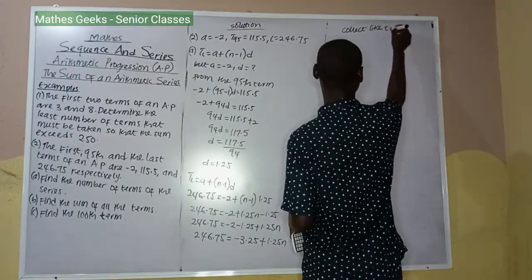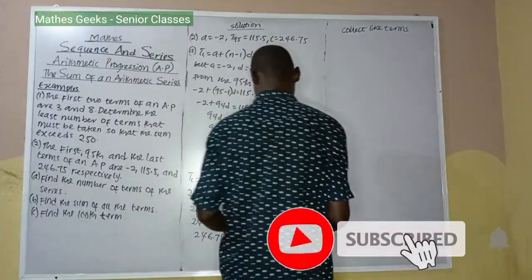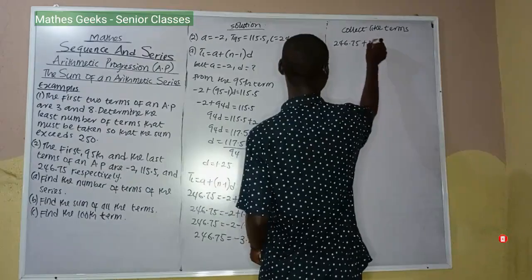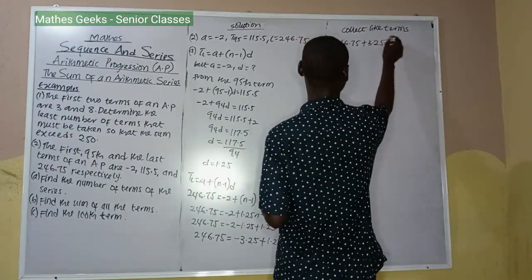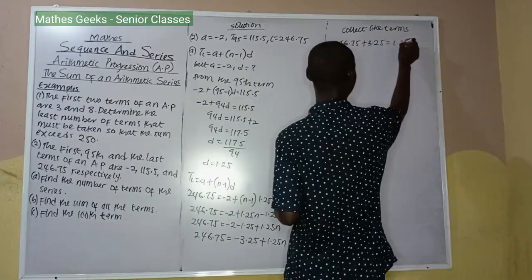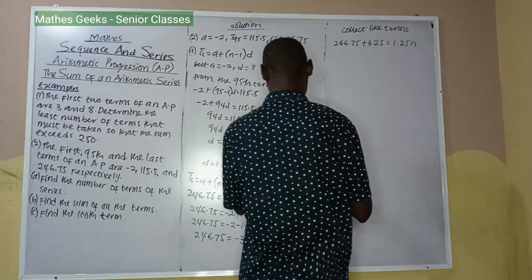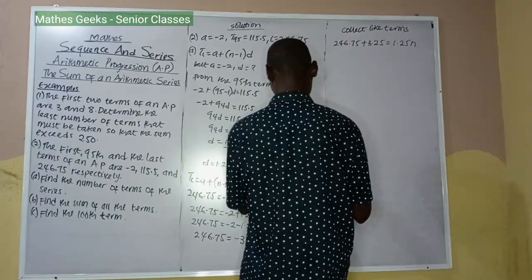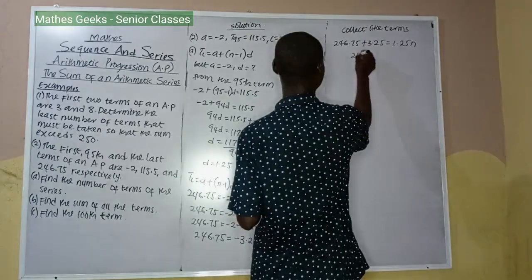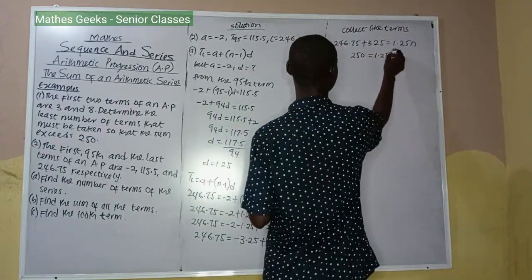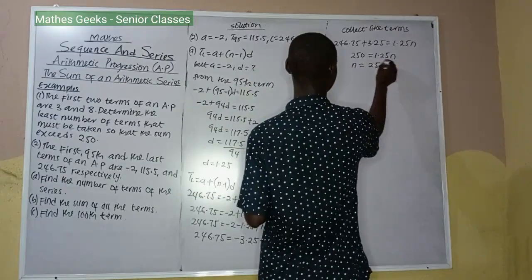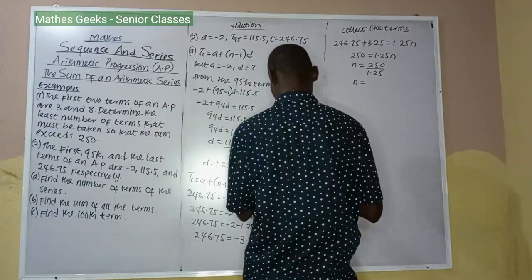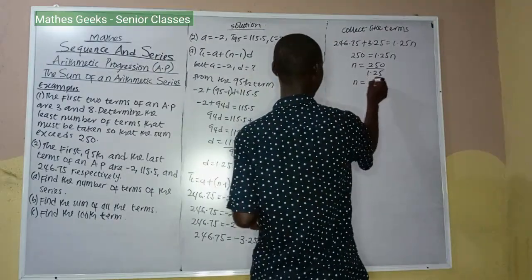Collect like terms. So this will cross over to become plus. 246.75 plus 3.25 equals 1.25n. 246.75 plus 3.25 is 250. So 250 equals 1.25n. n is equal to 250 divided by 1.25, and n is equal to 200.